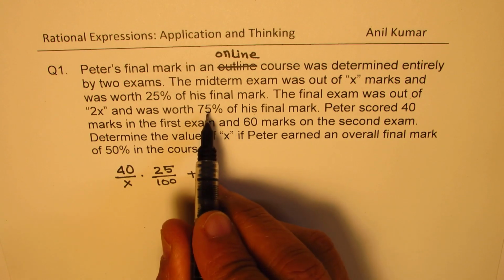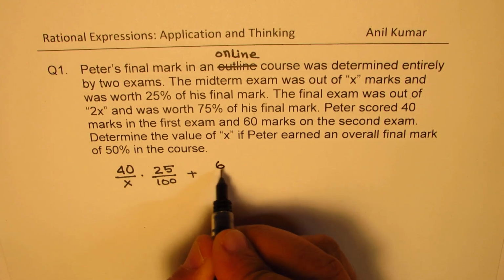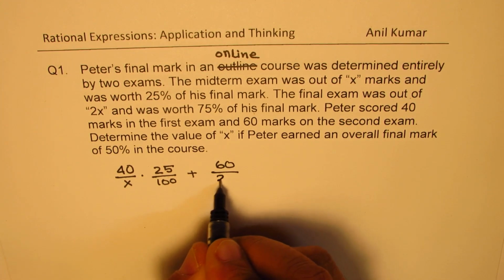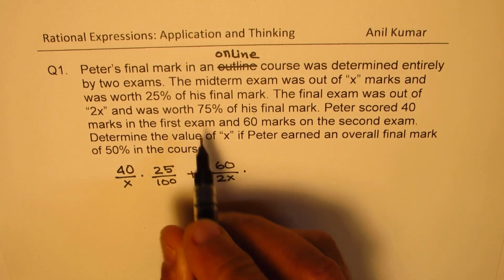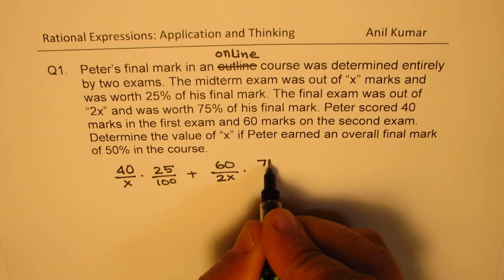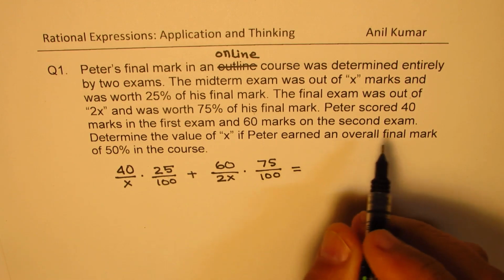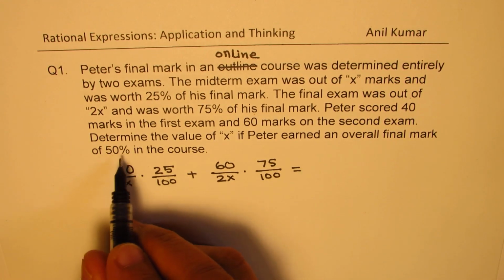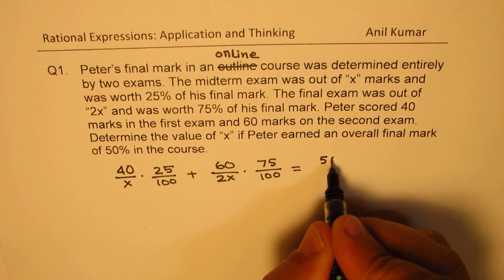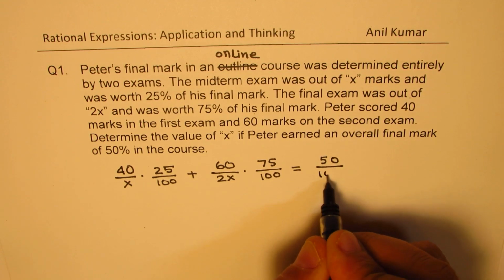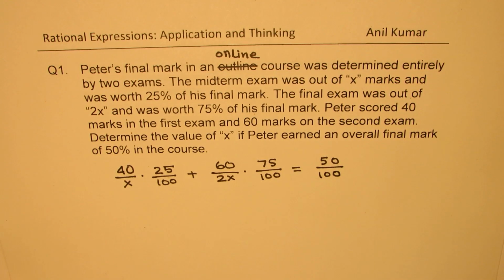He earned 60 out of 2X. Weightage for this is 75%. That means 75 over 100. Overall, his mark was 50%. That means 50 out of 100. So it's kind of important to write this equation correctly. Once that is done, it is much simpler, right?